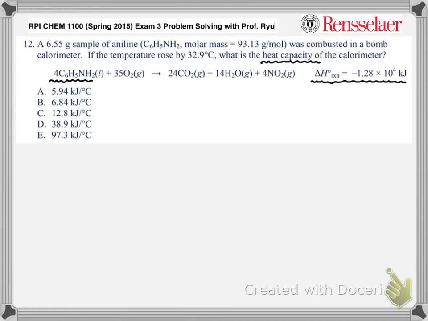And here, as far as aniline is concerned, 4 moles of aniline will give out this amount of heat that is given up here. So the first thing is converting the mass, 6.55 gram of aniline.